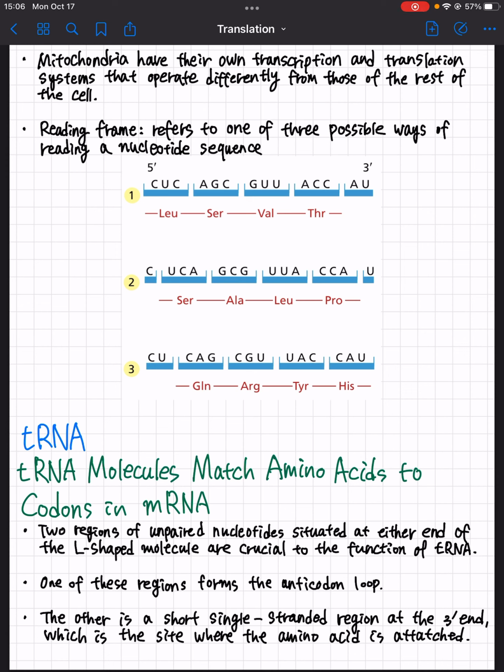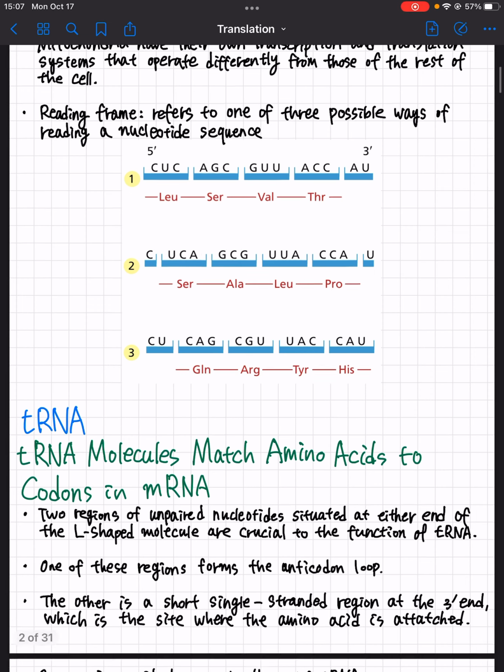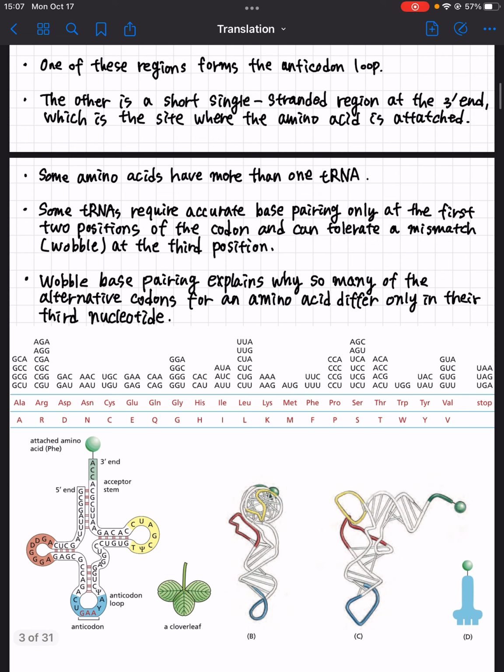Either some nucleotide triplets are never used, or the code is redundant, and some amino acids are specified by more than one triplet. The second possibility is, in fact, the correct one. Each group of 3 consecutive nucleotides in RNA is called a codon, and each codon specifies either one amino acid or a stop to the translation process.